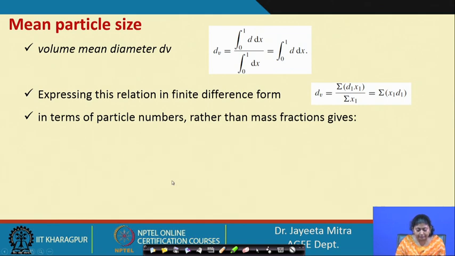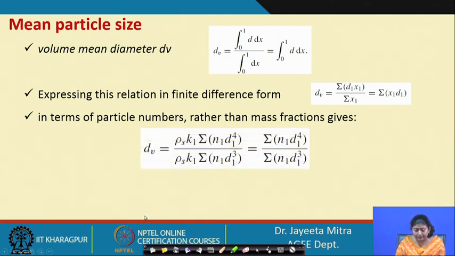Now, in terms of particle numbers, if you want to express rather than the mass fraction, dV will be the volume mean diameter. So, it will be dimension d1 into the dx fraction that we had. We remember that when we expressed the mass fraction x1, we represented it as rho s k1 into n1 into d1 cube.